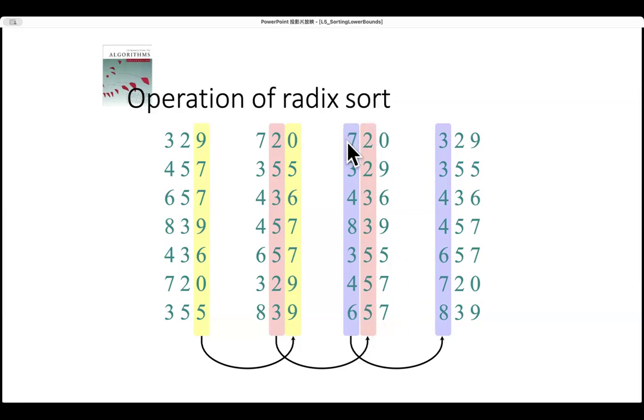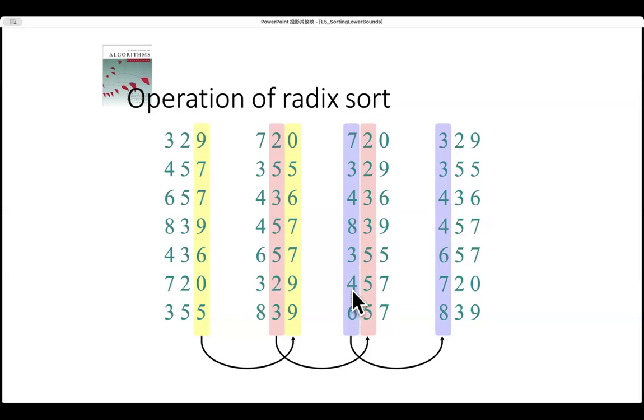And then the last one: 7, 3, 4, 8, 3, 4, 6. We have two threes and two fours. Those two threes are obviously the smallest elements, so we put the 3s first, and 329 appears earlier than 355, so it's 329, 355. Then we have two fours: 436 appears earlier than 457, so we put 436 and then 457.